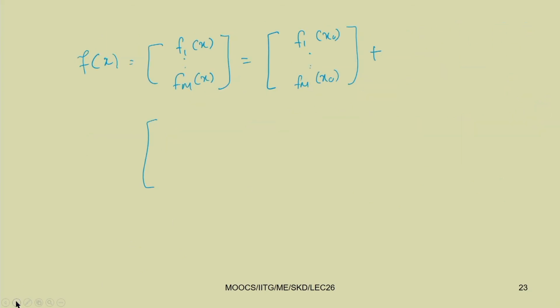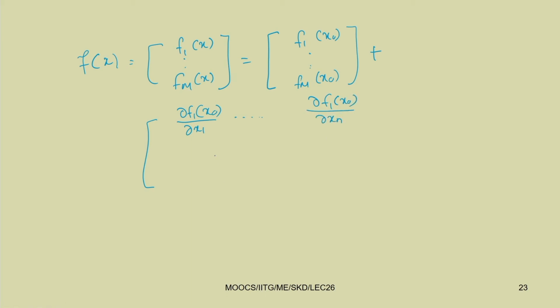That can be expanded and we can write this equal to del f 1 x 0 by del x 1, then del f 1 x 0 by del x 2, and similarly the last term del f 1 x 0 divided by del x n.